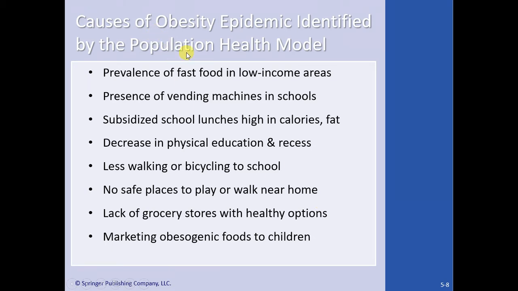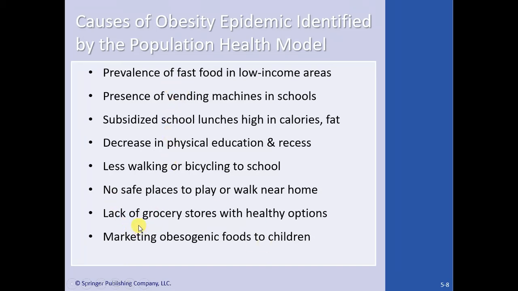When we look at the causes of obesity from the population health model, these are things that impact lots of people and are societal and often structural. So definitely take a look at all of these factors.